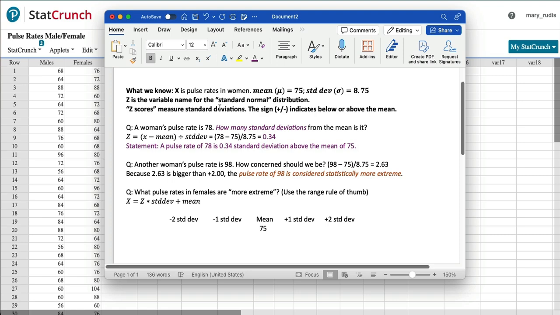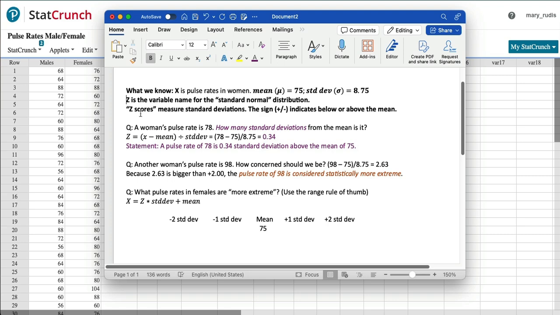So it tells you how many standard deviations away from the mean you are, in any data that is close to a normal distribution. What it does is convert your pulse rates in beats per minute into standard deviations. It's like a unit of measure that converts.